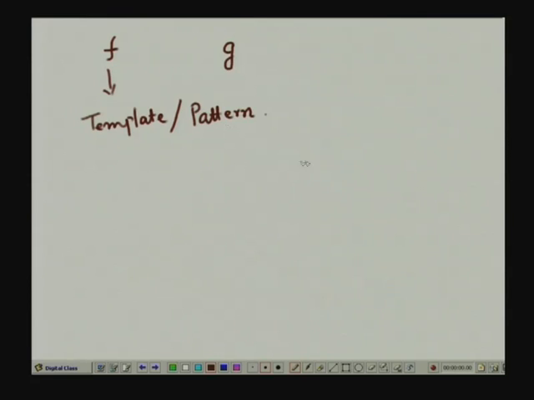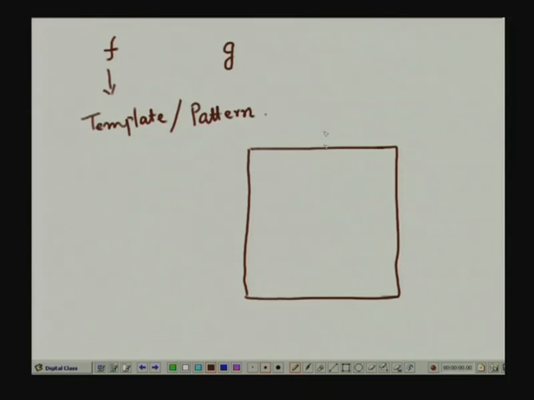So, our aim is that given a big two-dimensional image G and a template F, which is usually smaller than G, we want to find where this template F matches best in the image G.